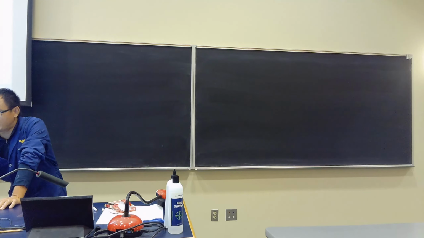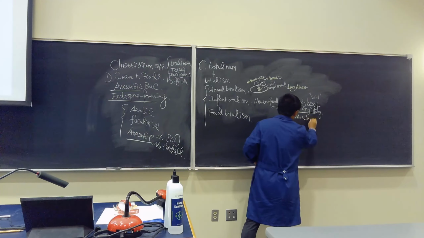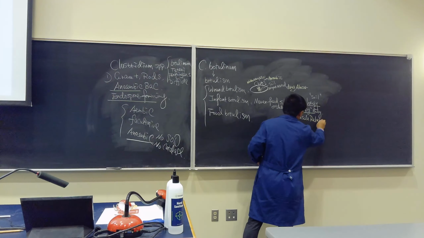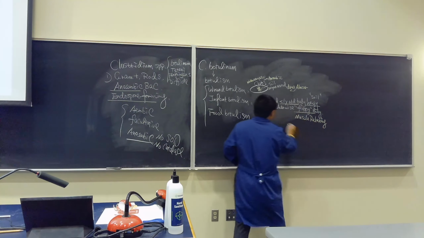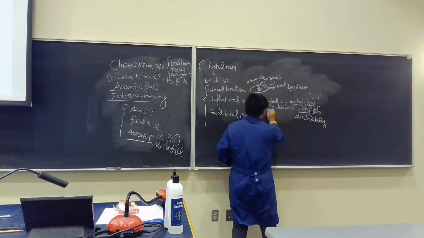Why is it a floppy baby? Because the muscle is relaxing. Why? Because this botulism toxin will be attacking acetylcholine.